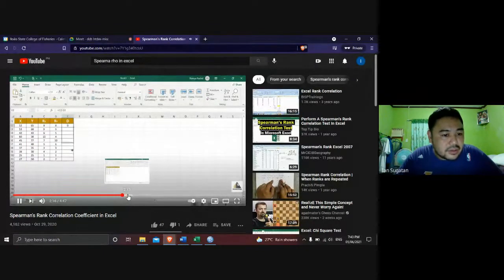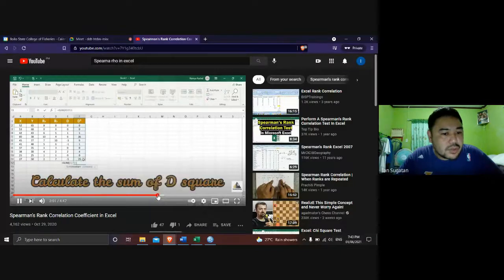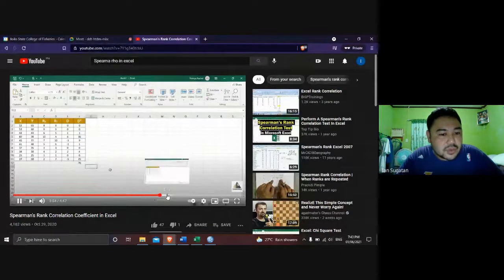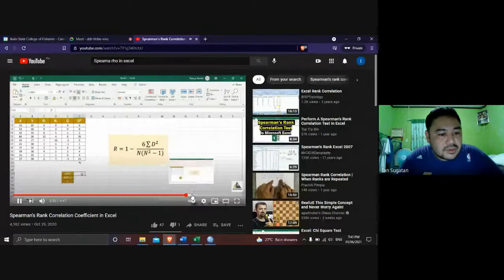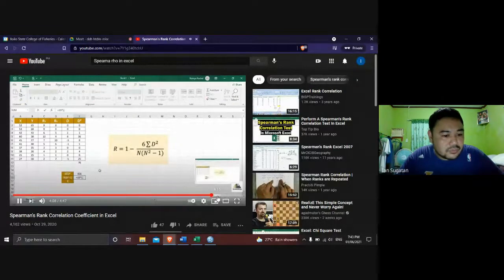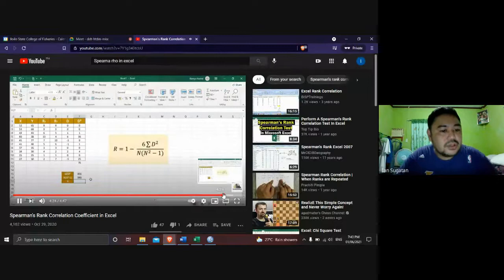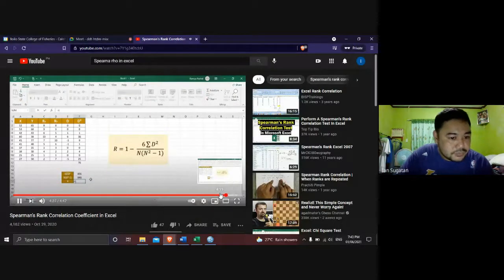And then it subtracts. Then it squares. So the sum of squares, and the formula is this one. Then you get the value.